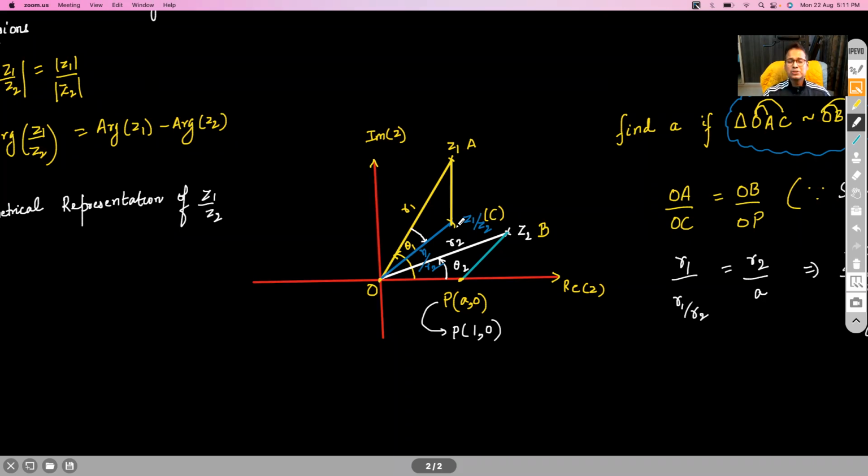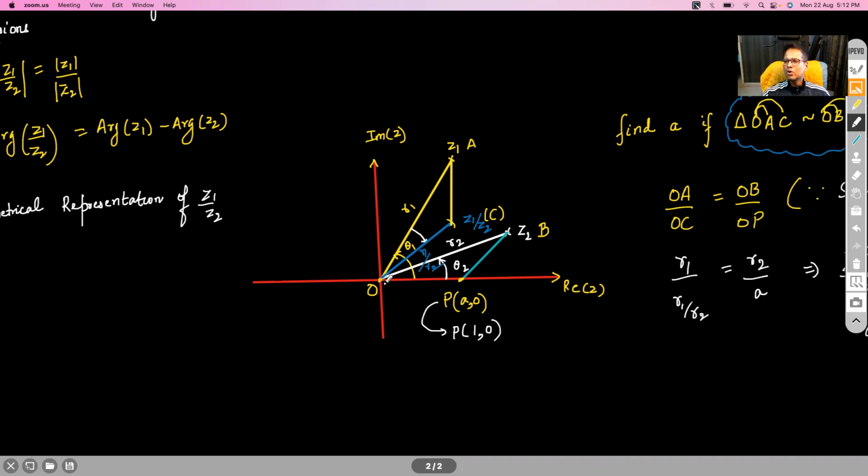I'll repeat this process again. If you want to locate the Z1 divided by Z2 point on the Argand plane, first make OBP, because B will be known to you. P anyways is 1, 0, so you can easily plot it on the real axis.